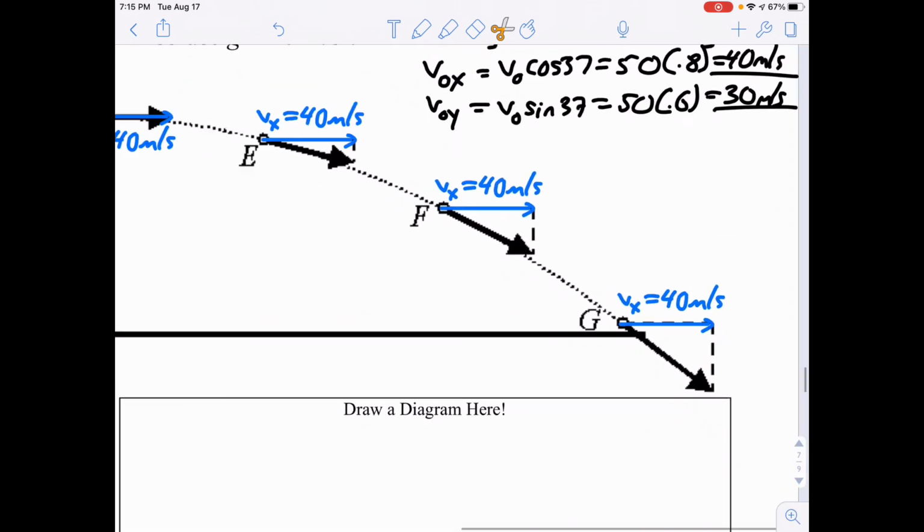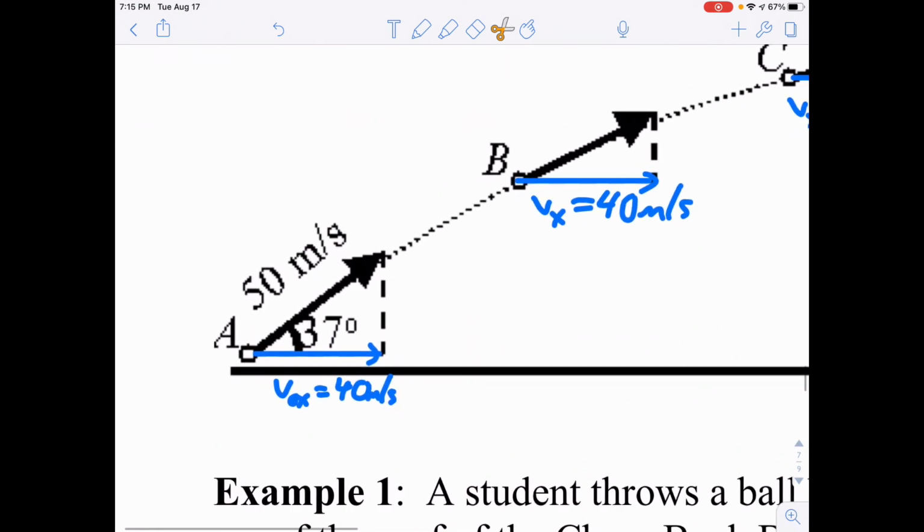And then in the y direction, I'm going to put that in gray. So in the y direction, we start off with v naught y, which was 30.